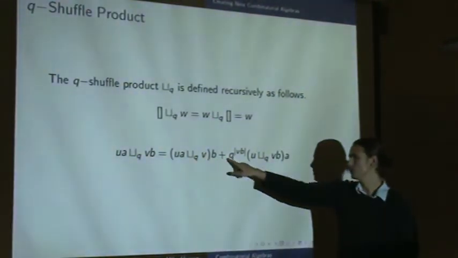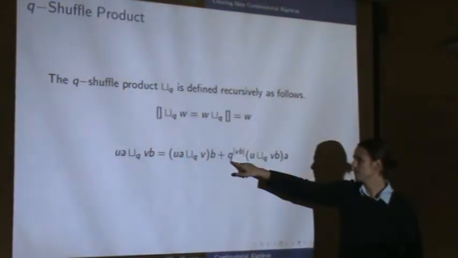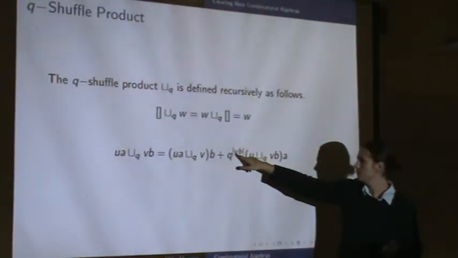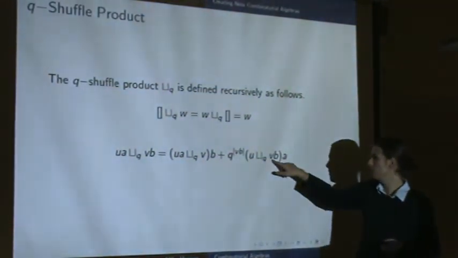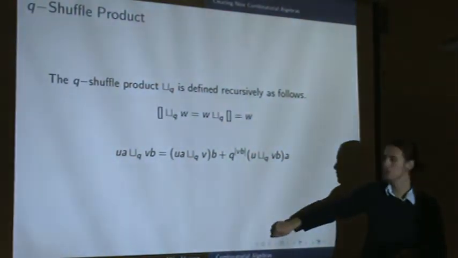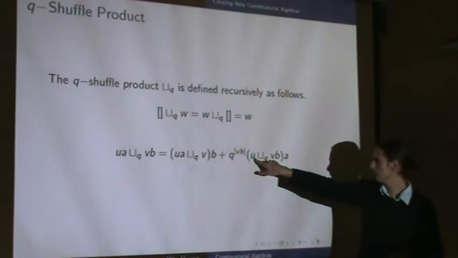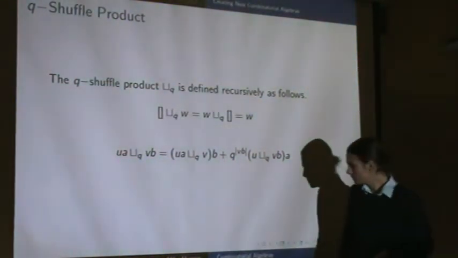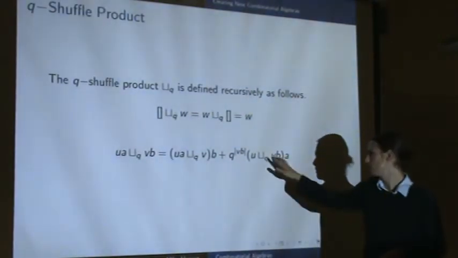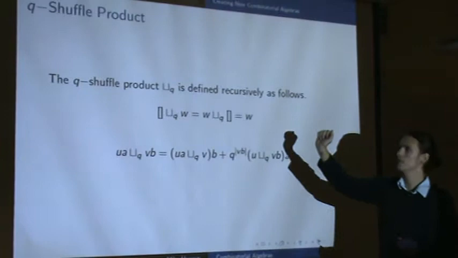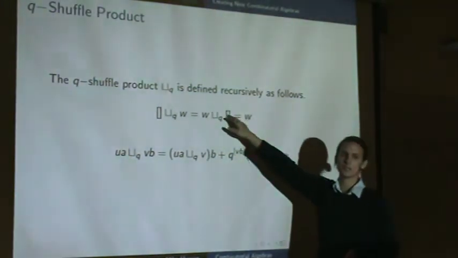Then we add that to this number Q, or variable Q, raised to the length of VB. And then we do sort of the other way, where we take A off of U, compute the shuffle product, and then append A back onto U. So eventually, when you go to compute these things, since you're picking off one every time, eventually you'll get down to this case.